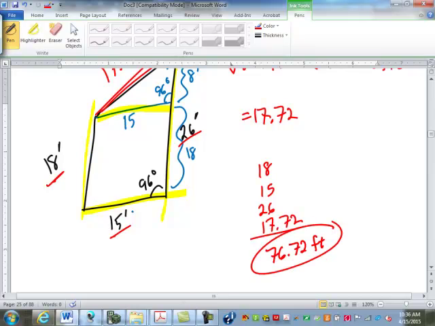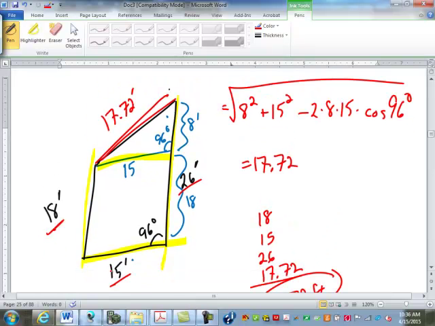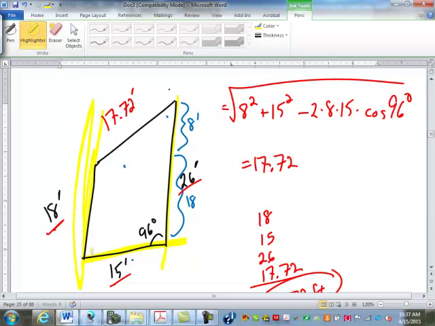Area. What if I wanted to find area? Area is actually way easier even, because I gave you, because we know this side and this side are parallel, this is a trapezoid with bases of 18 and 26. All I need to know is a height.